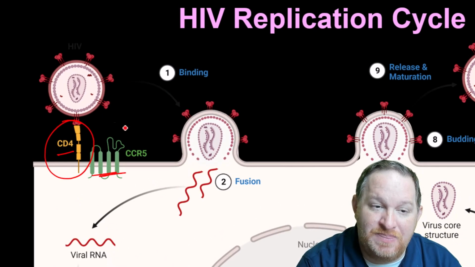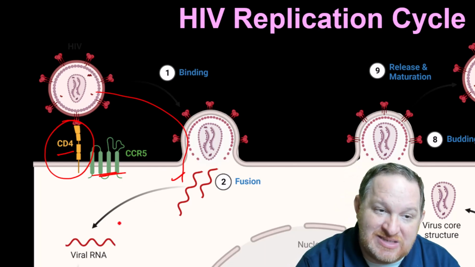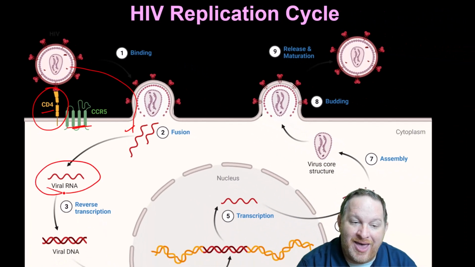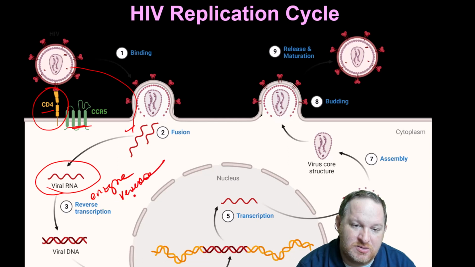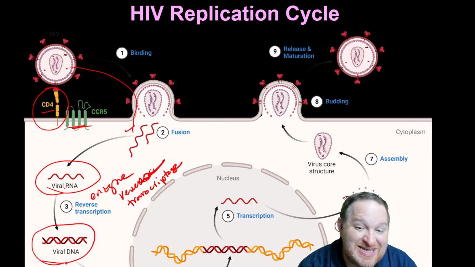CCR5 is there too, which allows the HIV to enter specifically these white blood cells. Once it gets in, that viral RNA, with the help of the enzyme reverse transcriptase, is made into DNA.